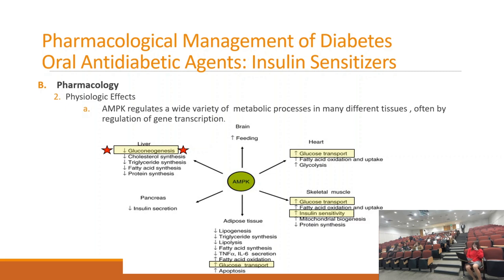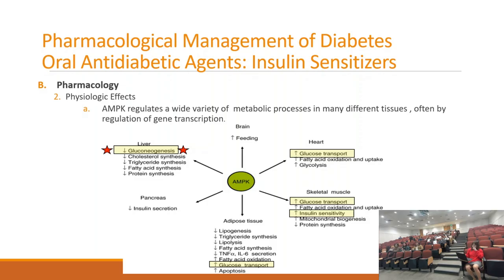In adipose tissue, look at all the things that it does in adipose tissue, but here it is, increase in glucose transport. And then over here in the liver, it reduces gluconeogenesis. And I have a star by this because this is a really unique effect of this drug that we don't see in our other types of type 2 diabetes drugs.